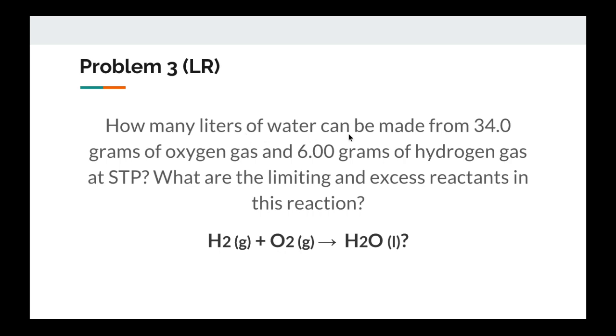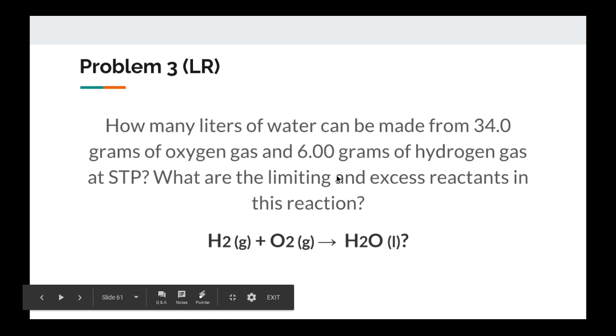So first step is you need to convert your 34.0 grams of oxygen gas to moles water, and then second, the 6 grams of H2 gas to moles water. So common product, and then you compare which of the two will generate the smaller amount of water, and that becomes your LR. Okay?